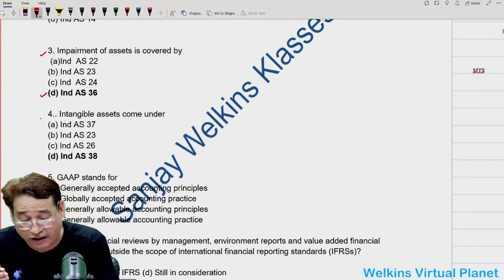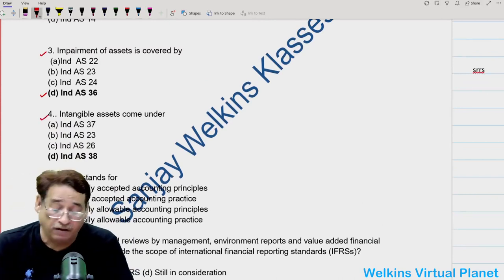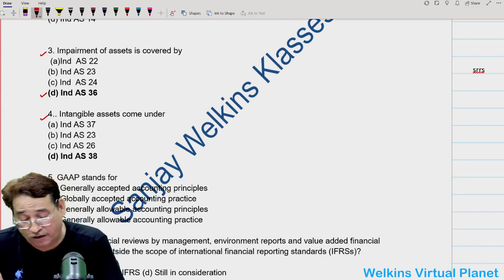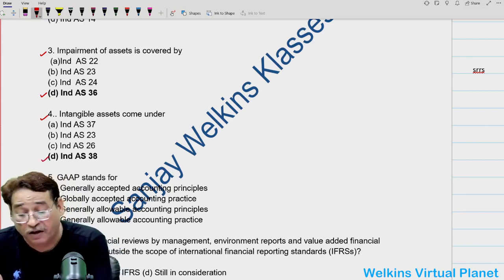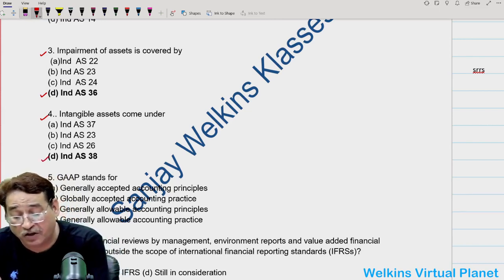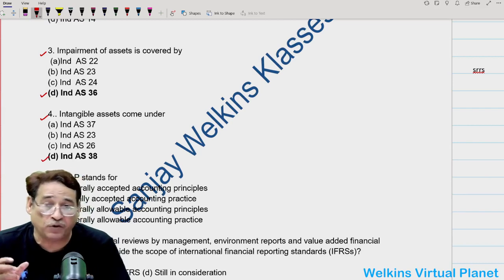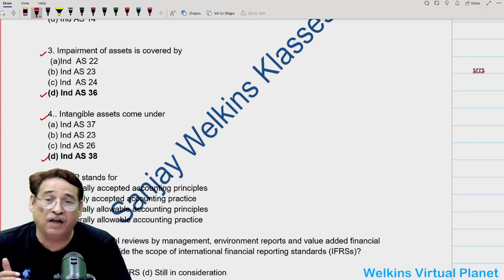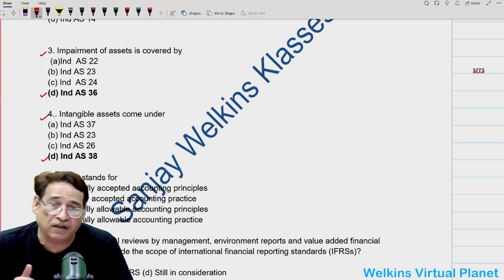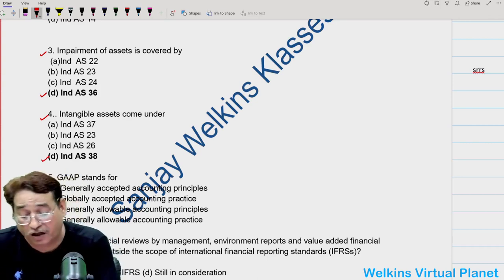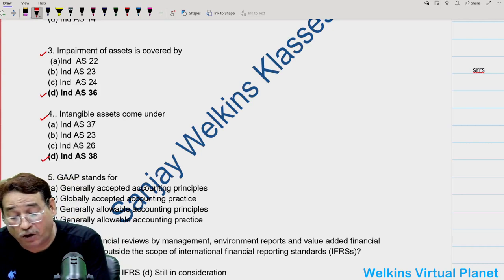Then as far as intangible assets are concerned, they come under Ind AS 38, correct? Intangible assets under the existing standard are covered by AS 26, yes, exactly, and under Ind AS that is covered by Ind AS 38. Is it clear to you or not?